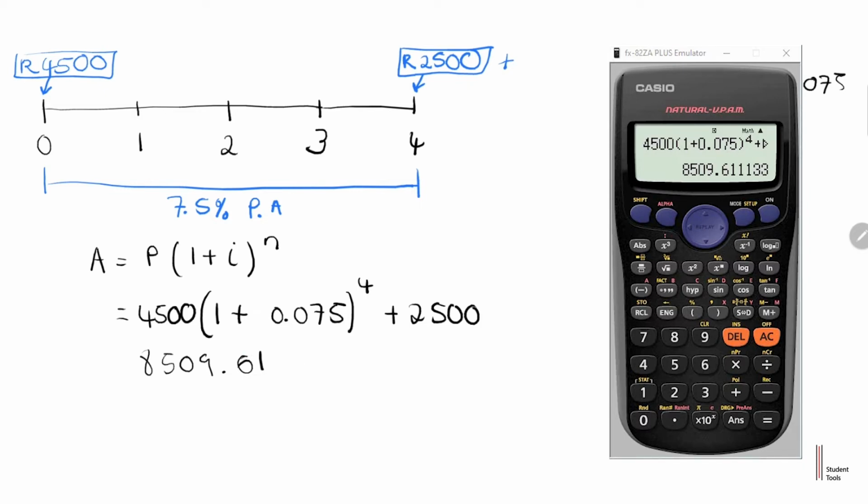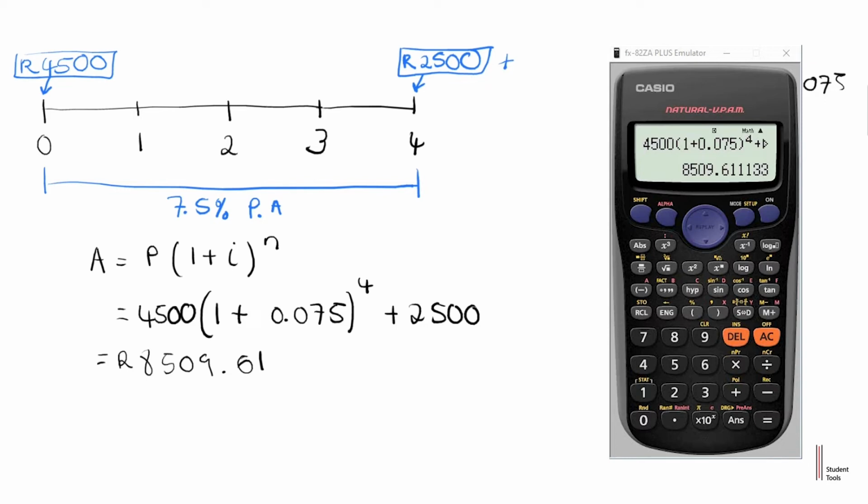All right, so immediately after the second deposit, she has 8,509 and 61 cents. And that's how we calculate 1.4.1.